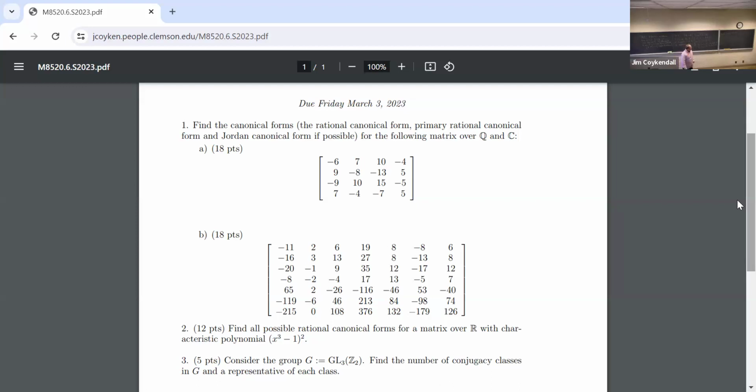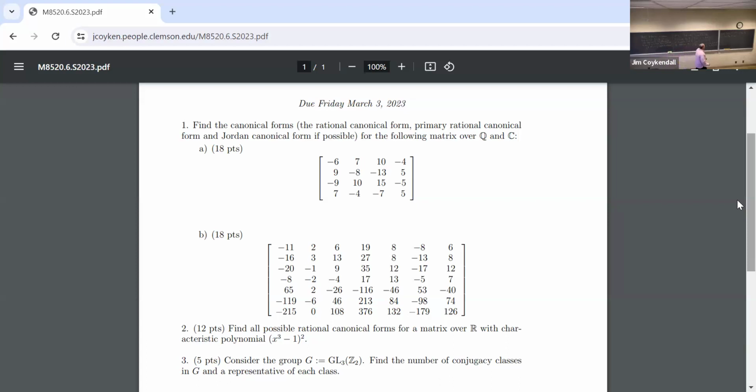And I claim that this is a basis for K over F. So what do we have to do? We have to establish that this is a linearly independent spanning set, right?